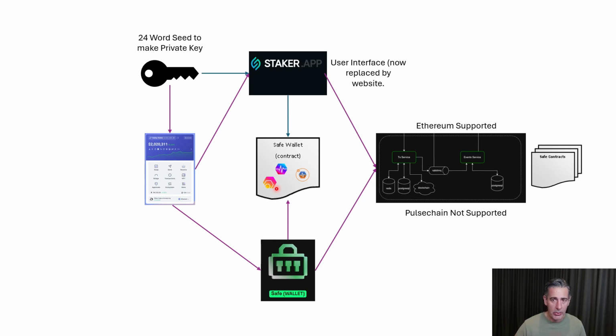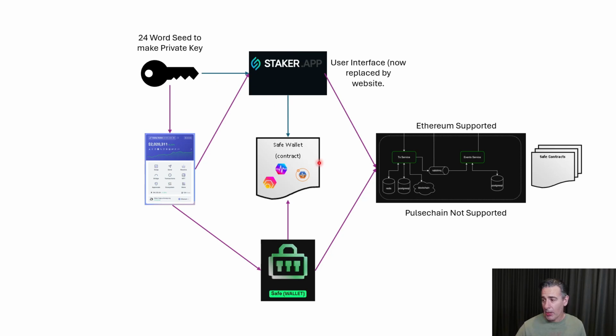So in an ideal world, you would log on to the Staker app website. You'd put in your credentials, because when you set up Staker, you gave it a username, an email and a password. So you still need that to get in there. But then we would use our new connection through Rabby to control this website and hence our safe.